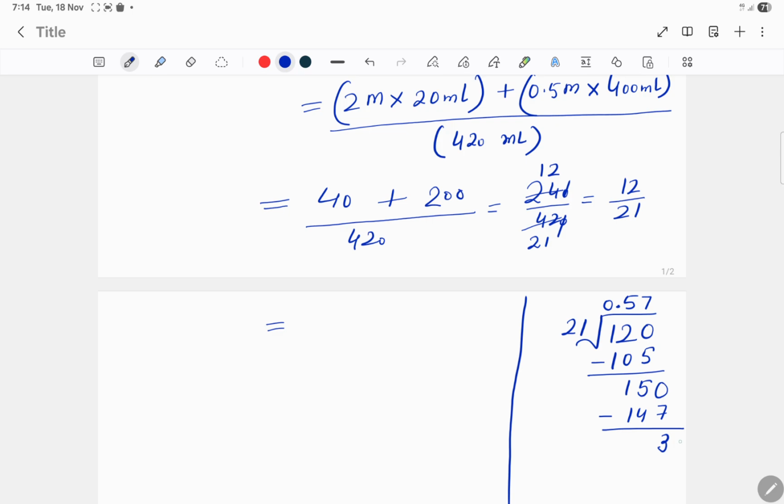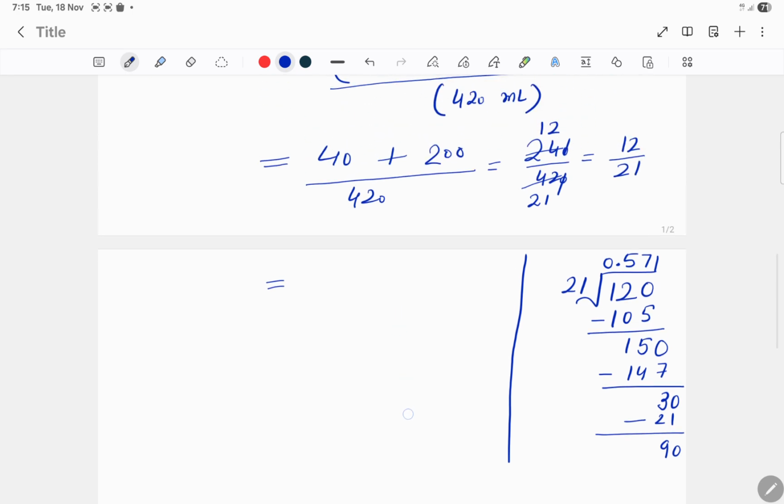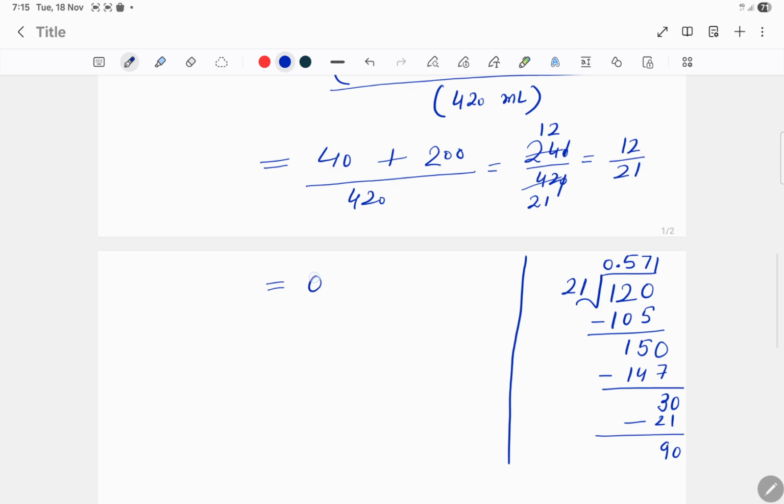And that becomes 9, then there is 0, and this may go on. So it comes out to be 0.571 molar.